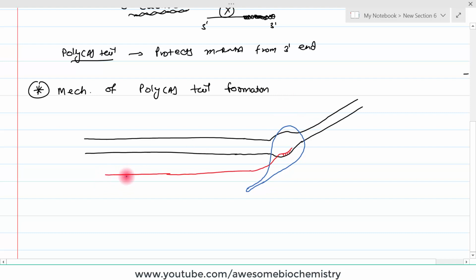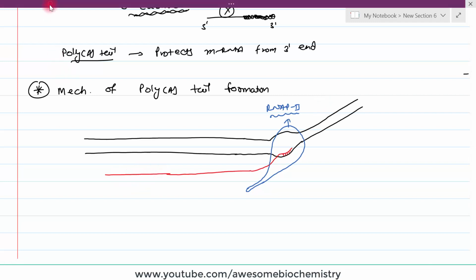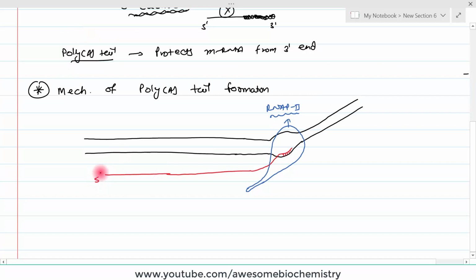As this is mRNA, this enzyme is RNA polymerase II, as we all know that RNA polymerase II synthesizes eukaryotic mRNA. In this mRNA, this is the 5' end, and this is the yet-to-be-synthesized 3' end.